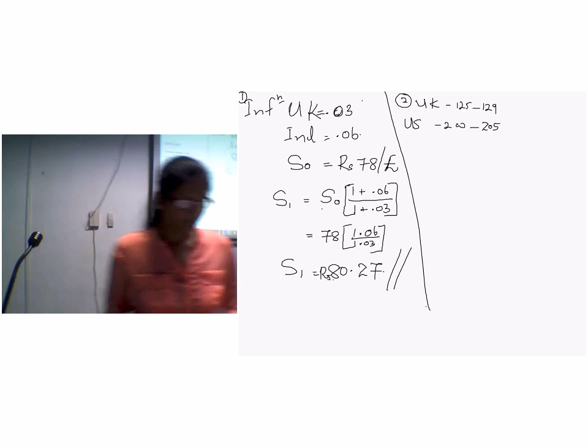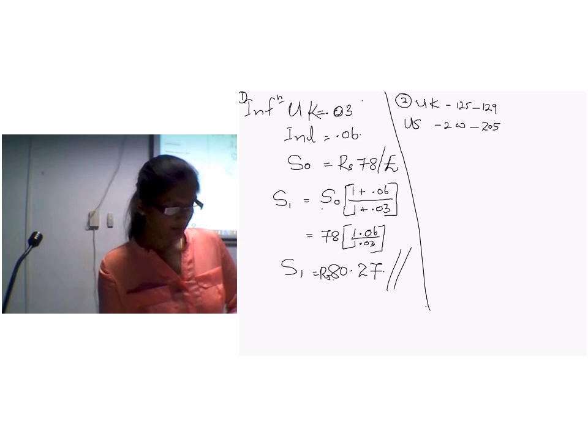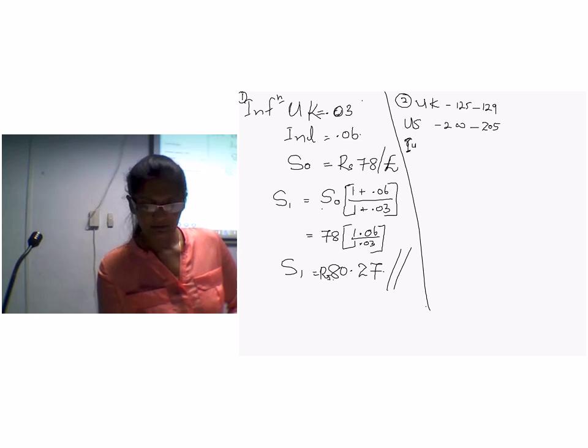So how do we find the inflation rate? Inflation in the UK is equal to 129 divided by 125 minus 1.